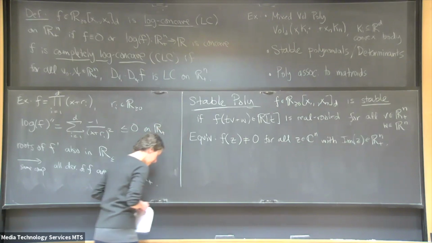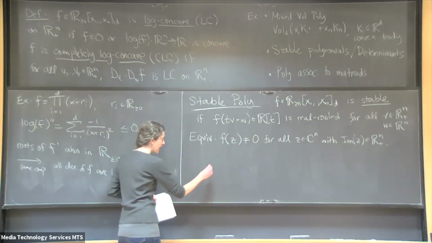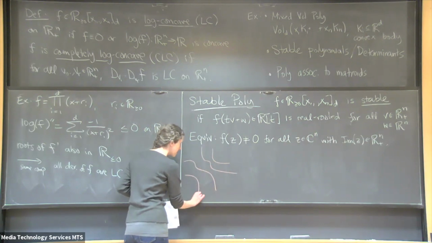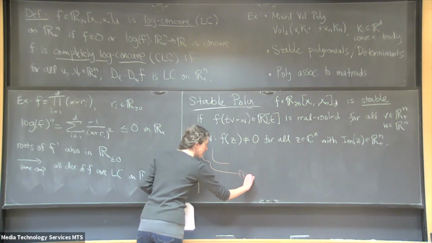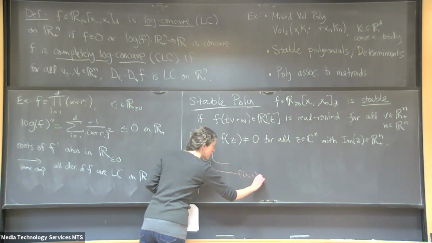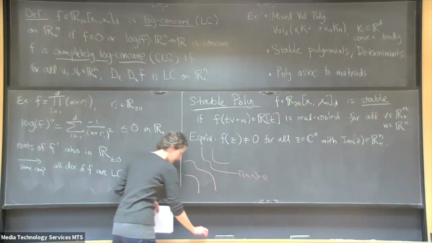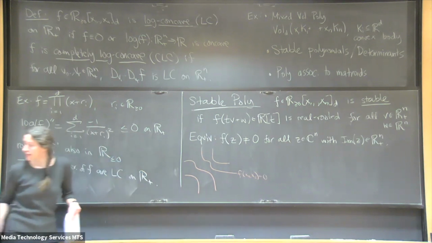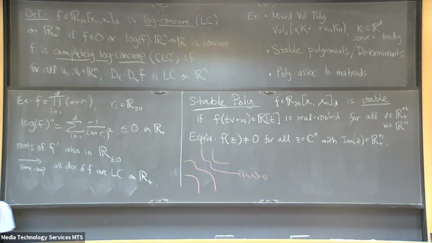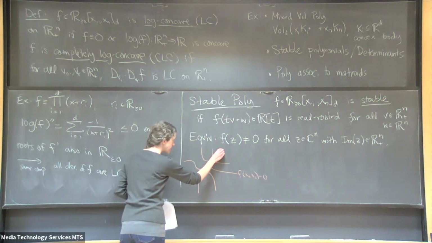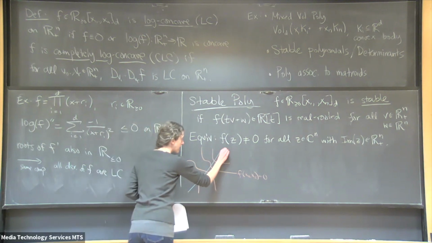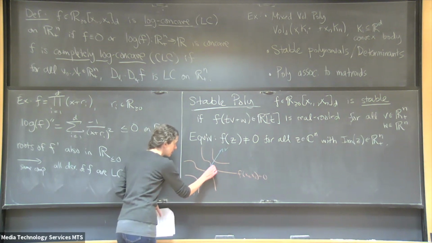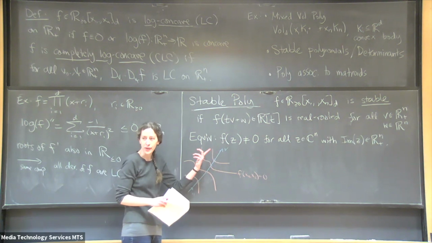And so the picture to have in mind for this is if we have, say, a polynomial of degree 4 in 2 variables, and look at the set of points in R2 that make this 0, so this would be the zero set for such a thing. Now I take any line, direction v, through any point, w, and I want to hit this only in real points, no complex contact.